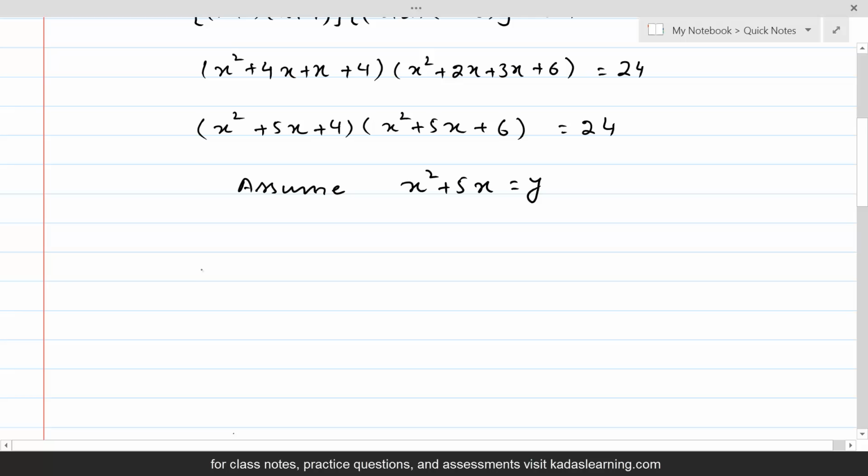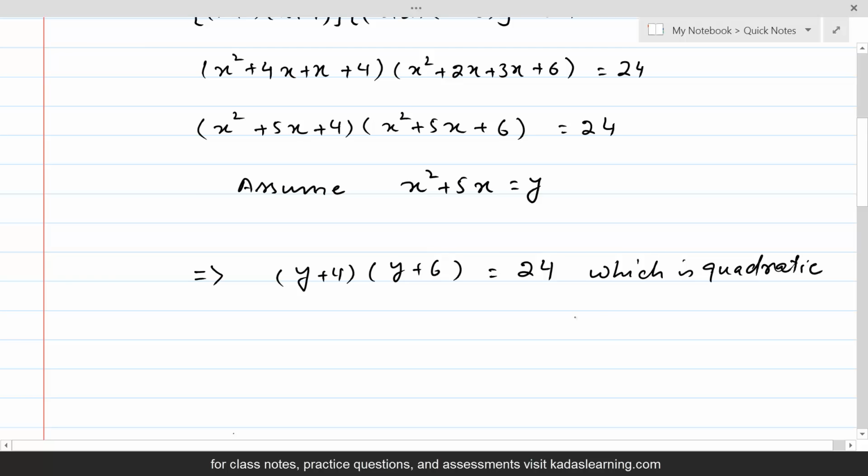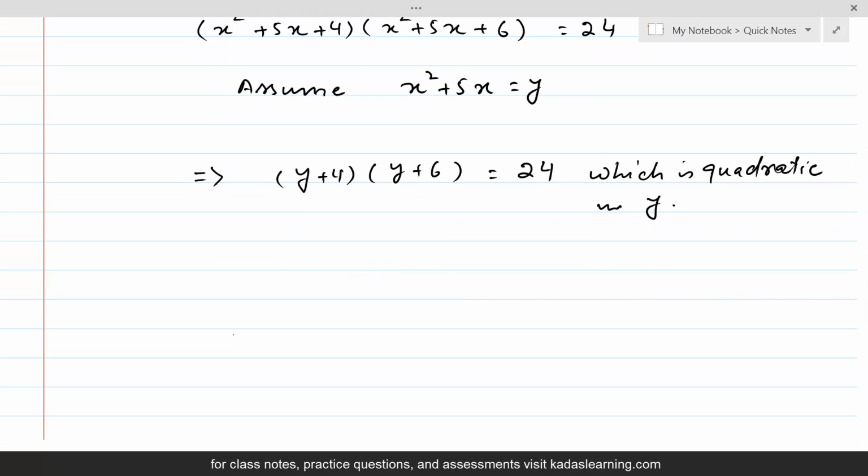This leaves us with the equation y plus 4 times y plus 6 equal to 24, which is a quadratic equation in y. Now we will use the ordinary methods for solving quadratic equations.